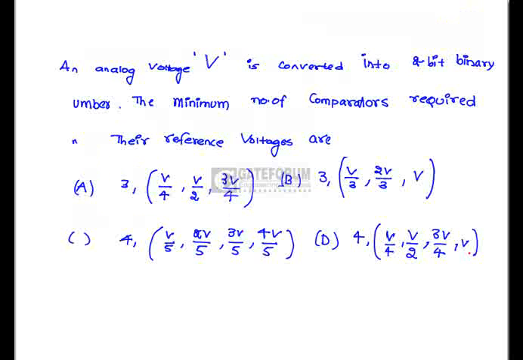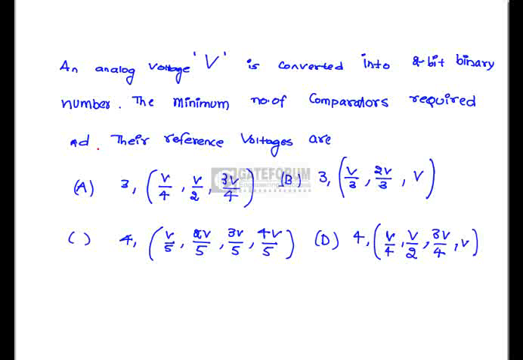The question is, an analog voltage is converted into a 2-bit binary number. The minimum number of comparators required and their reference voltages are: option A, V by 4, V by 2, 3V by 4; option B, V by 3, 2V by 3; option C, 4V by 5, 2V by 5, 3V by 5; option D, 4V by 4, V by 2, 3V by 4.